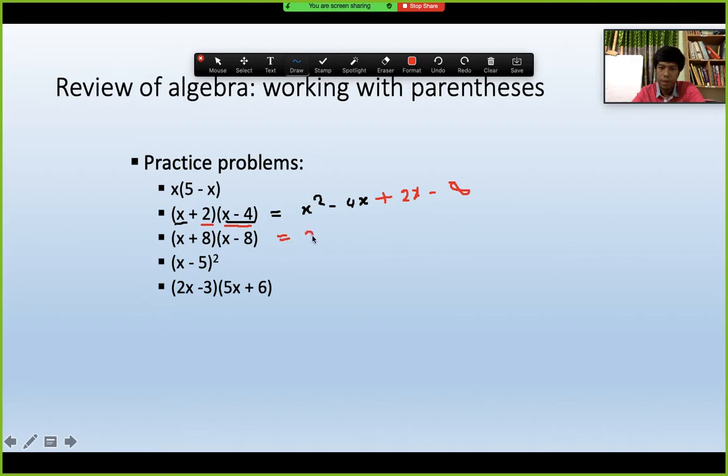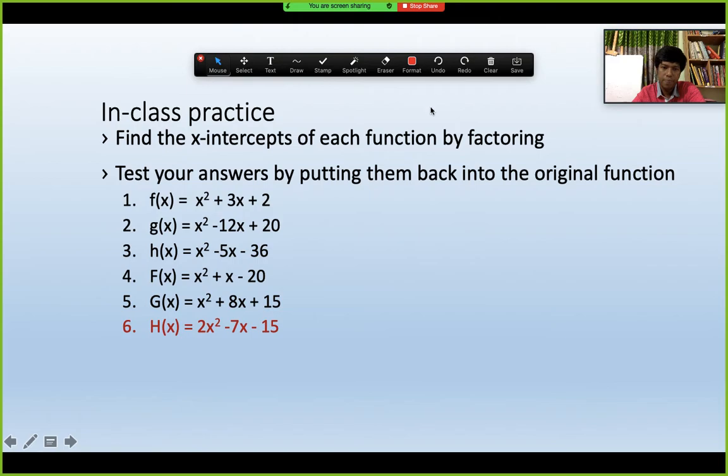So ultimately we have x squared minus 4x plus twice x, so we have minus twice x. Then minus 8. So this is what we get after multiplication. These are the answers of all of them.